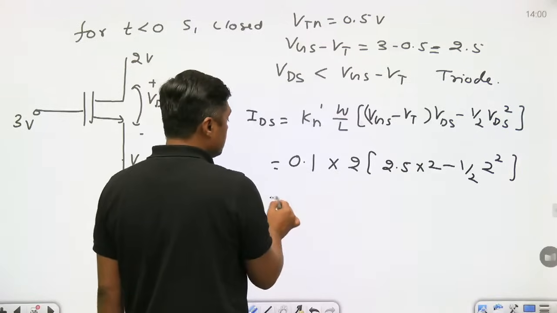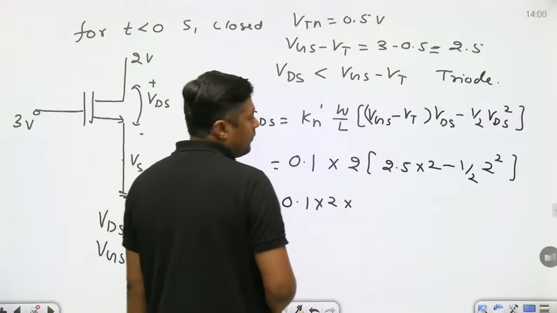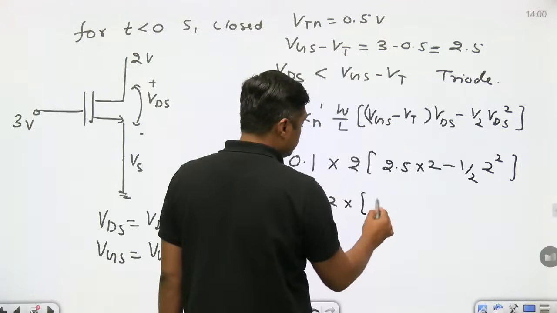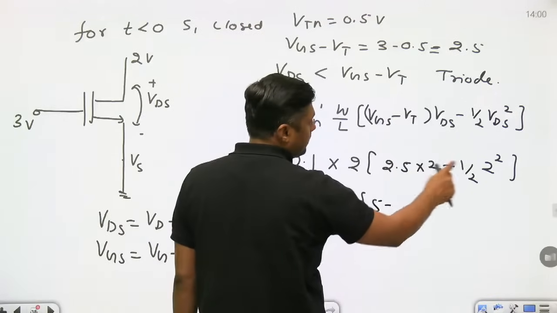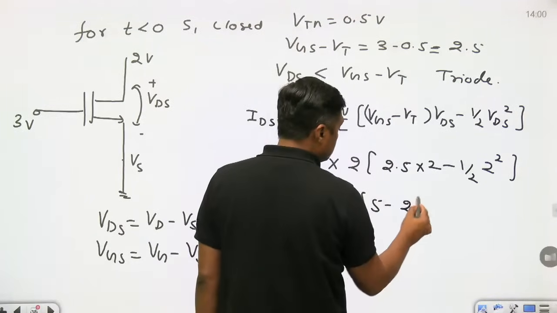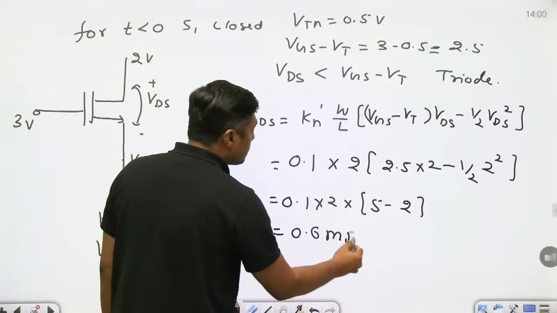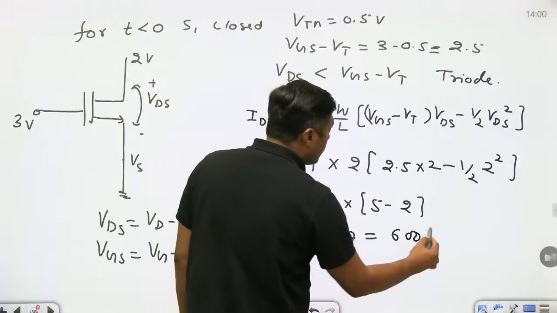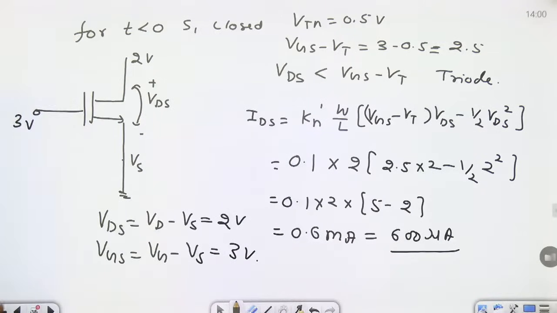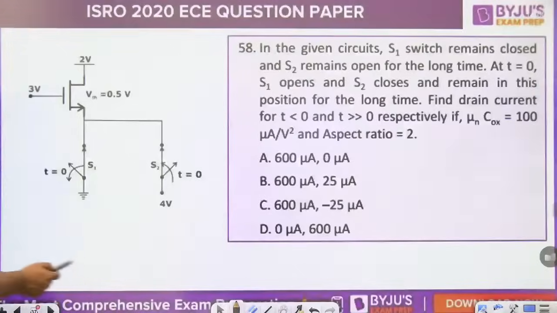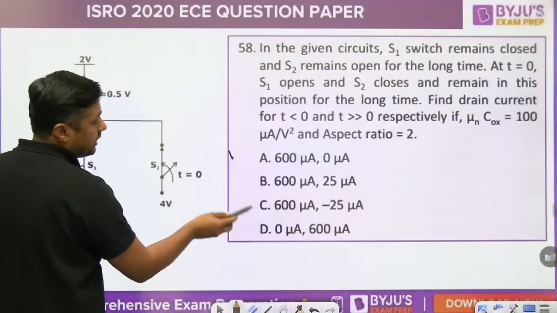So 2.5 minus 2 is 0.5, that is 0.1 into 2 into 3, which is 0.6 milliampere. I have converted it into milliampere, so this is 600 microampere.